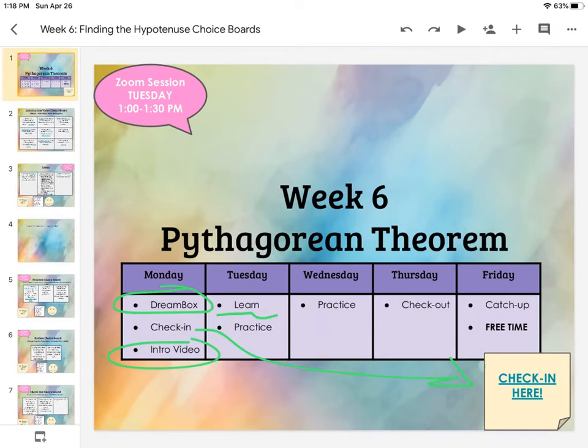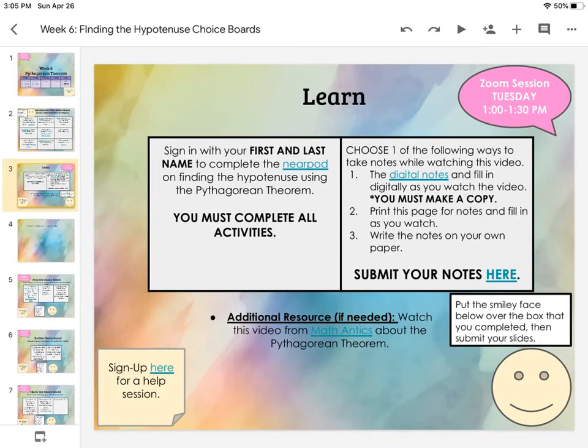And you can see your week is organized by learn, practice, and checkout. Okay, then on the learn it slide, you choose. You either do the Nearpod or you do the digital notes. You watch the video and take the notes. On the Nearpod, make sure you put in your first and last name and you complete all the activities.